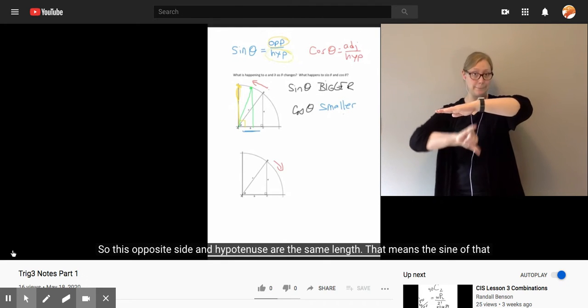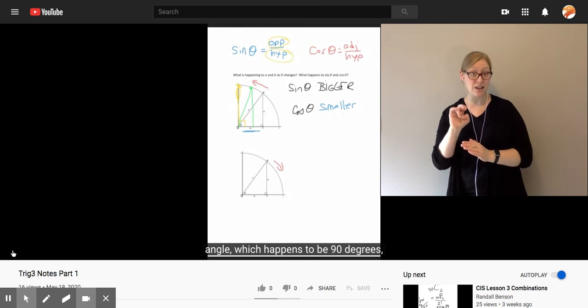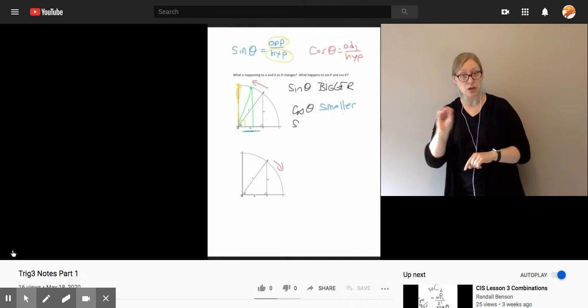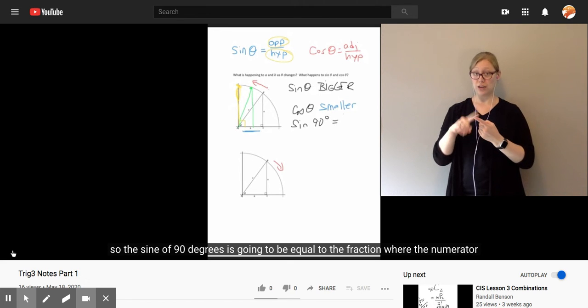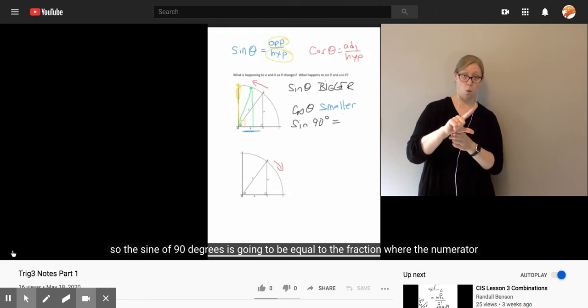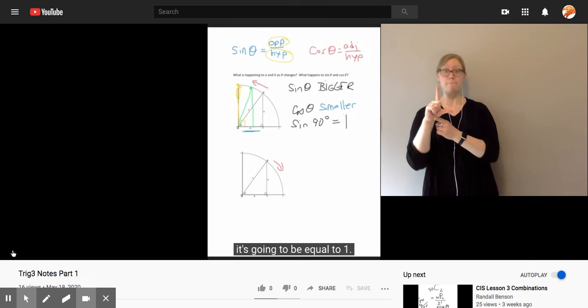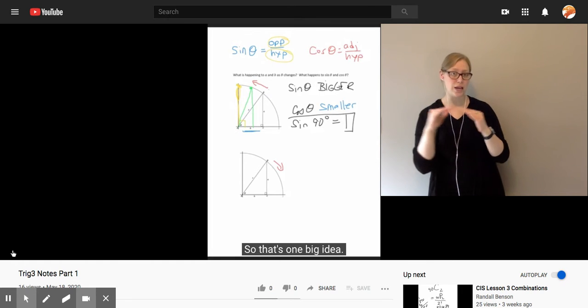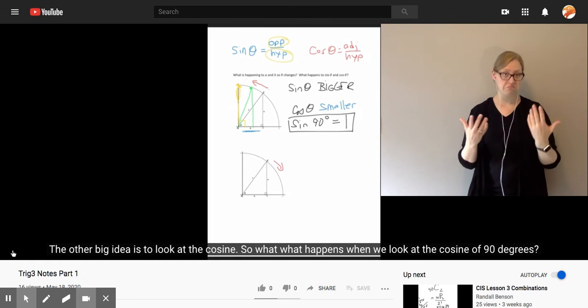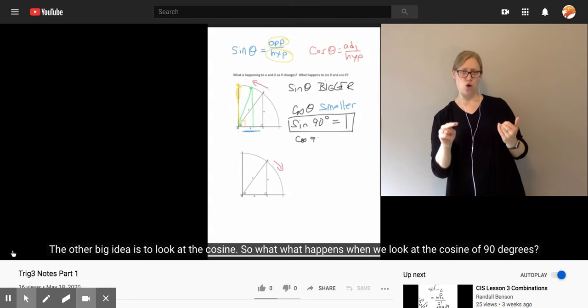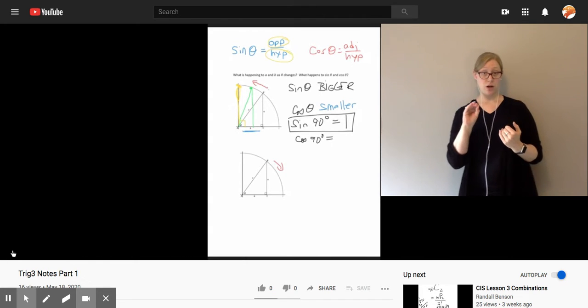That means the sine of that angle, which happens to be 90 degrees, so the sine of 90 degrees is going to be equal to the fraction where the numerator is the same as the denominator. It's going to be equal to 1. So that's one big idea. The other big idea is to look at the cosine. So what happens when we look at the cosine of 90 degrees? Well, let's think.